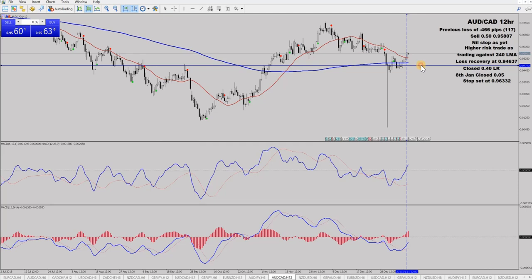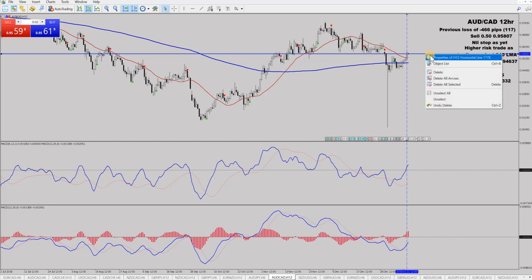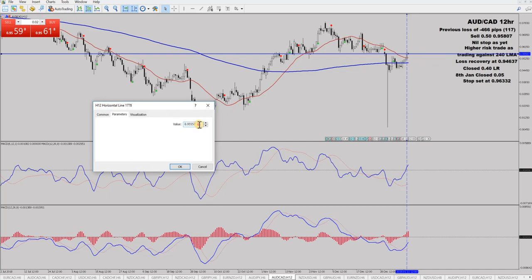All right, Jim, I'm looking at the 6 hour notes on my chart there. Change that. It's about here somewhere. It's actually at 0.95585. I was reading my 6 hour notes.